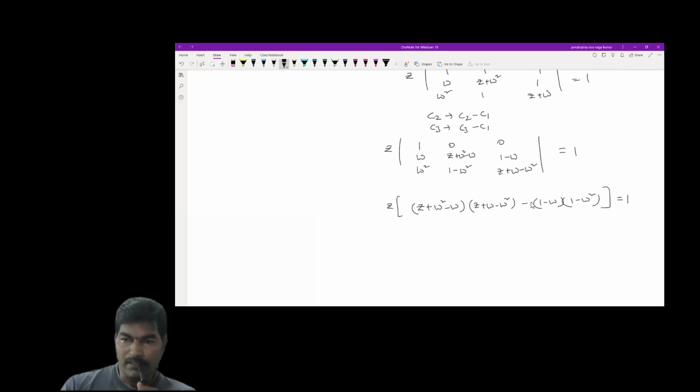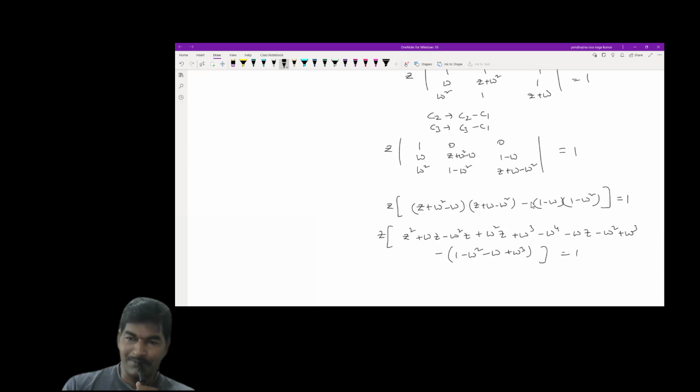That means after solving all these values, you can observe that these two things got cancelled. Let me solve this thing. Z into Z square plus omega Z minus omega square Z plus omega square Z plus omega cube minus omega power 4 minus omega Z minus omega square plus omega cube minus of 1 minus omega square minus omega plus omega cube, and is equal to 1.